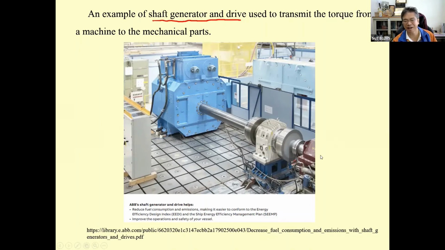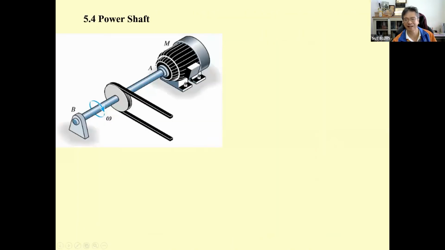This is actually the engine. Passing to this one, this is a generator to produce the electricity. But for the power shaft, as I show you, the same thing applies even in the drive shaft.